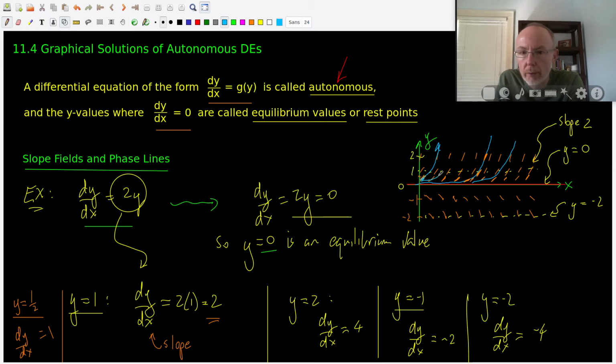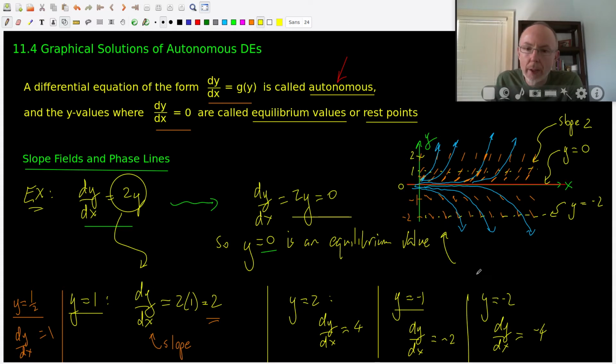So I've got a bunch of curves that are possible solutions of the differential equation. By going downwards, I'm going to get the same kind of idea. Oops, that shouldn't go up. I'm going to have the same kind of curves down here. So these are possible solutions to the differential equation.